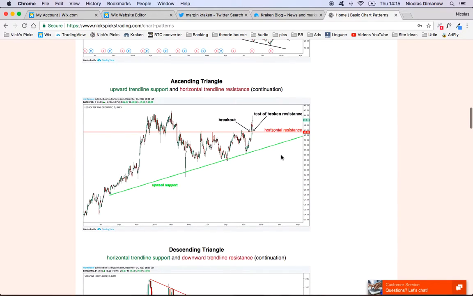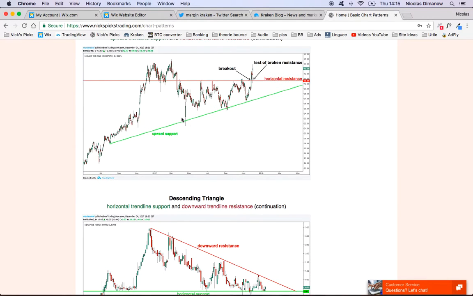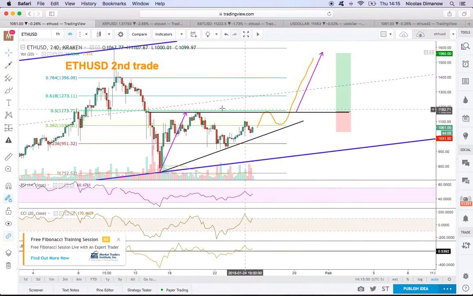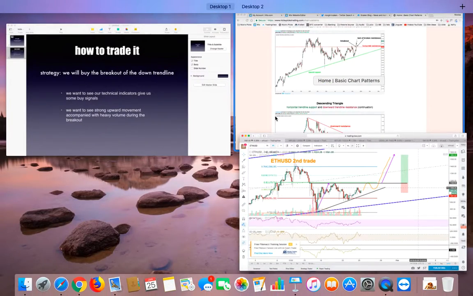And what we are looking for right now is the ascending triangle, of course. And as you can see, this is the pattern here. We could have the same pattern appearing in the next few days for this Ethereum.